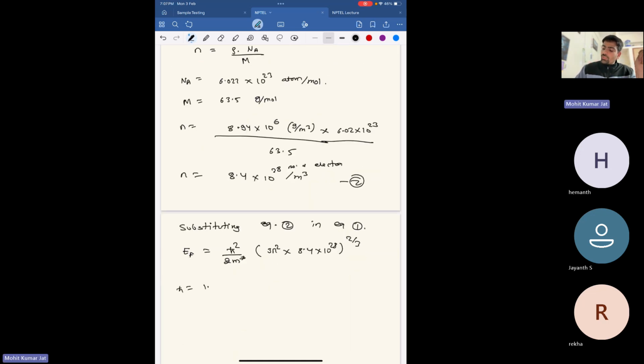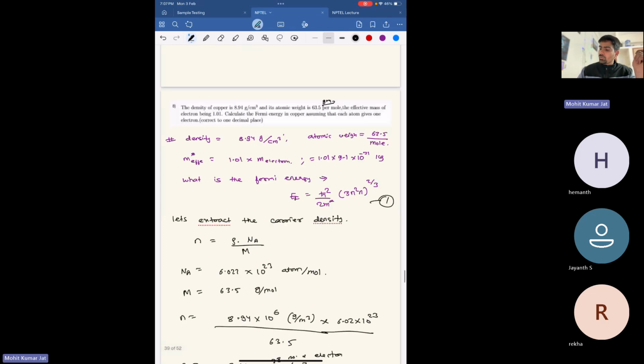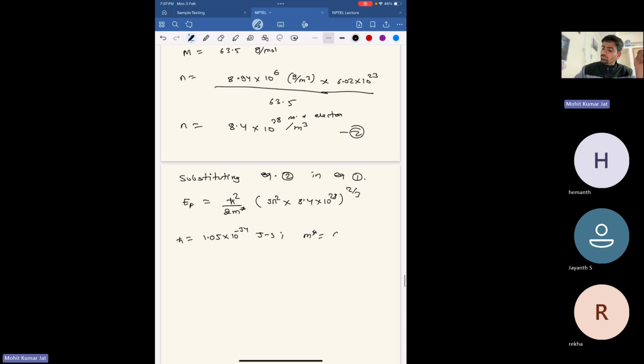H bar is 1.05 times 10 power minus 34 joule second. And m star will be 1.01 times 9.1, so 9.2 times 10 power minus 31 kg. So EF will be 1.05 square times 10 power minus 68 by 2 times 9.2 times 10 power minus 31 times 3 pi square.